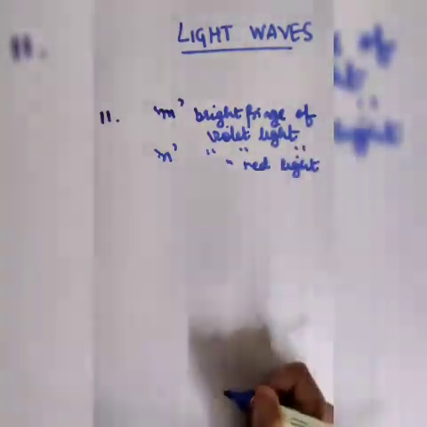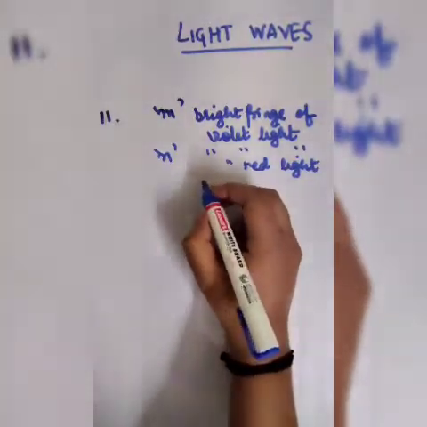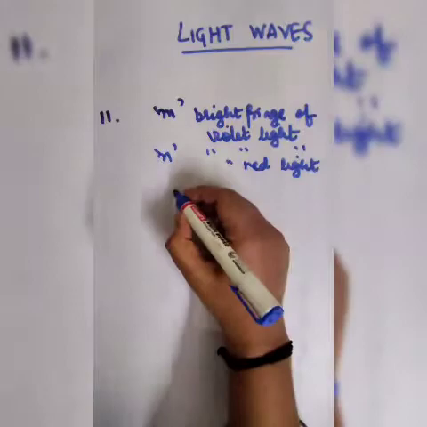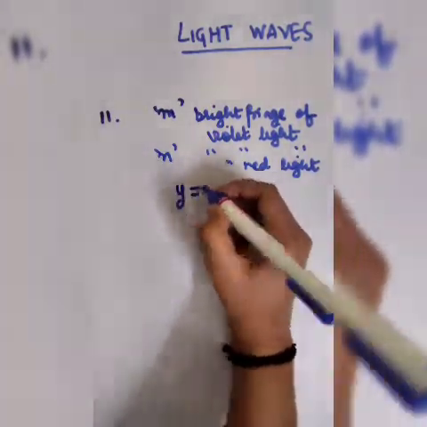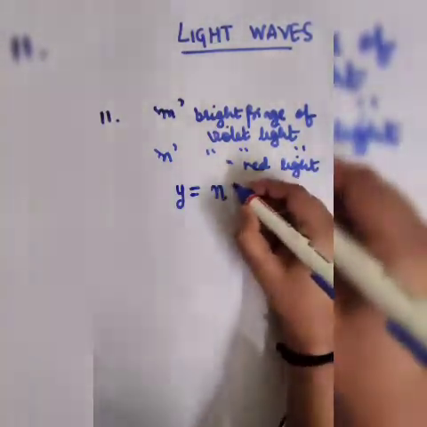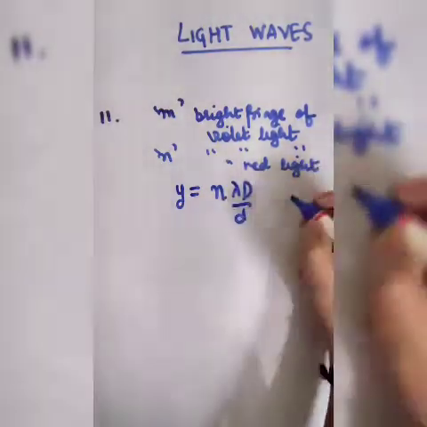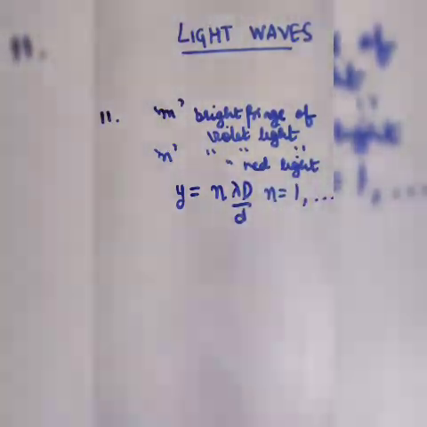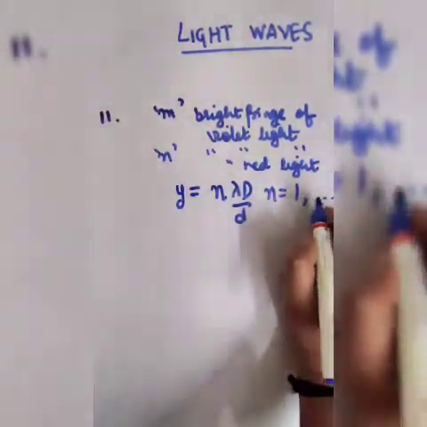So in this case we just need to compare. We know that the formula for the bright fringe is n lambda capital D by small d, where n takes values from 1 to however many bright fringes we have to take out.